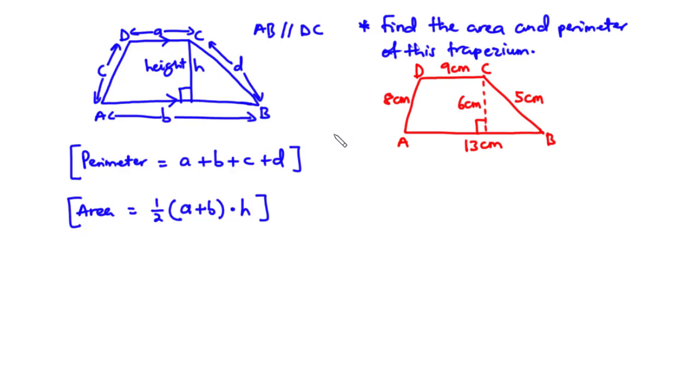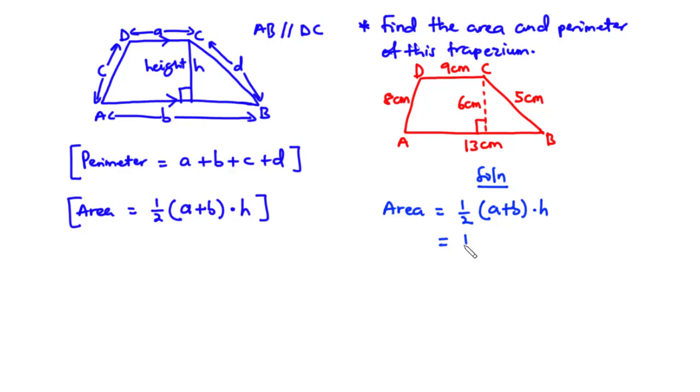So assuming that we are asked to find the area and perimeter of this trapezium, how are we going to solve this question? Now the area of a trapezium we know is given by half times the sum of the parallel sides, A plus B, times the height.